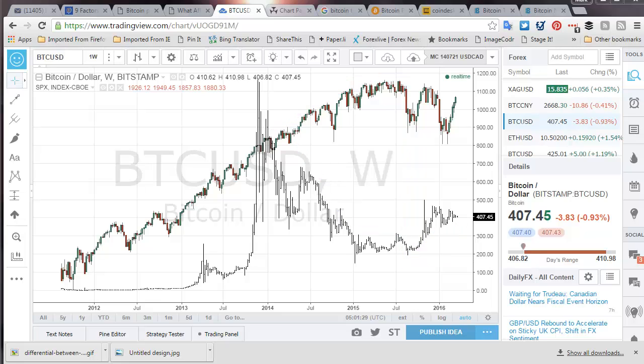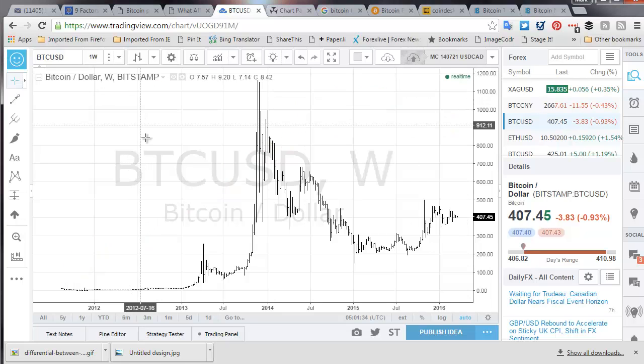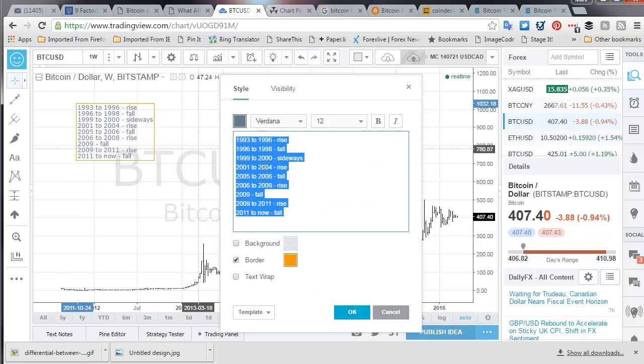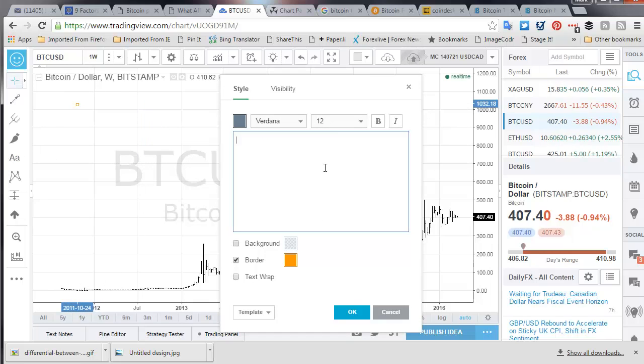So there's the overview of Bitcoin and how it derives its value. And maybe we'll summarize it quickly in some words in here. So the supply is flattening.